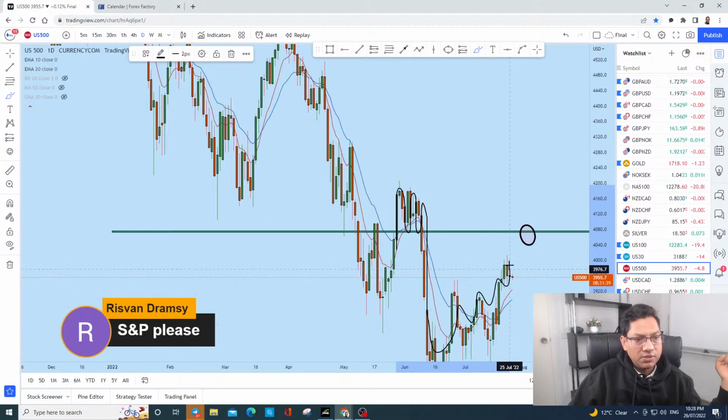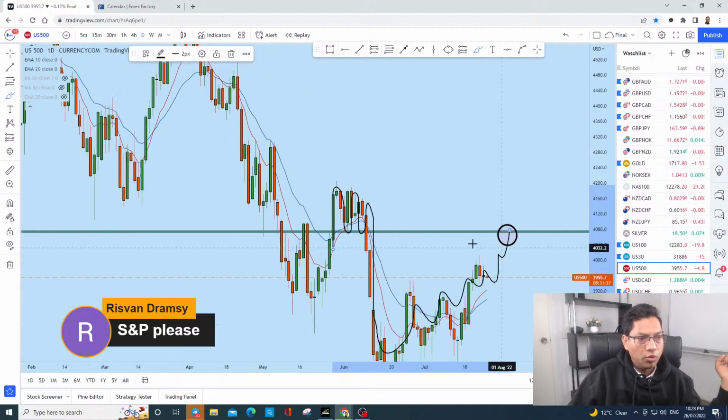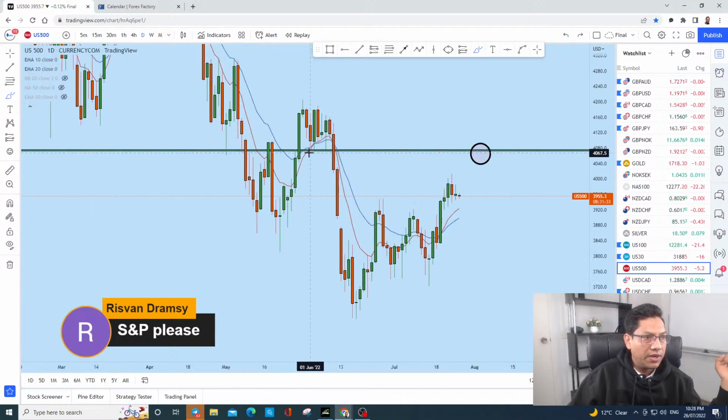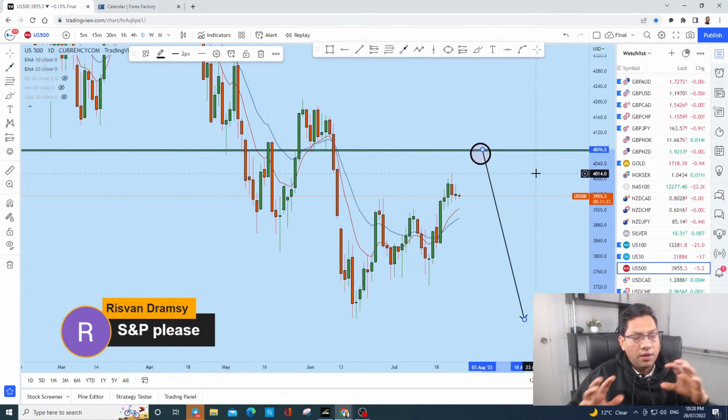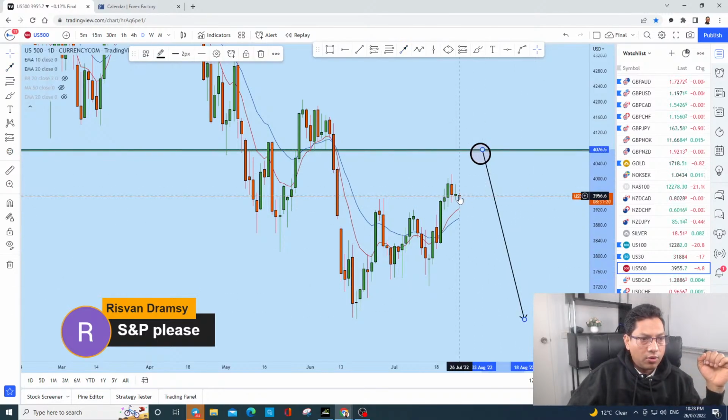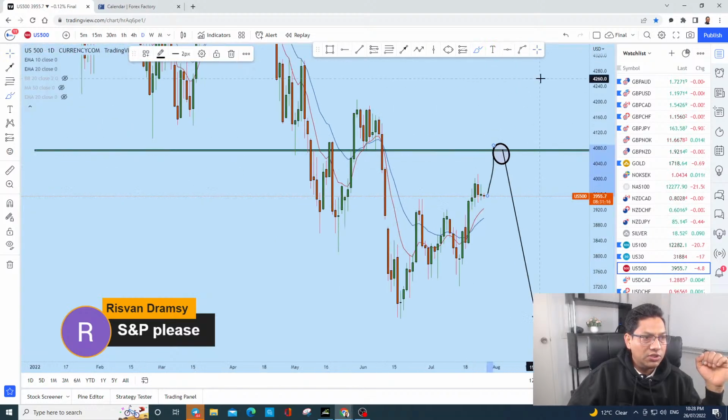Now the price is going up to test this head and shoulder, this reversal pattern, this support, to test as a resistance, and then to come down. So I think at some point there could be a spike to the upside. We'll test this zone and then we could see a drop.